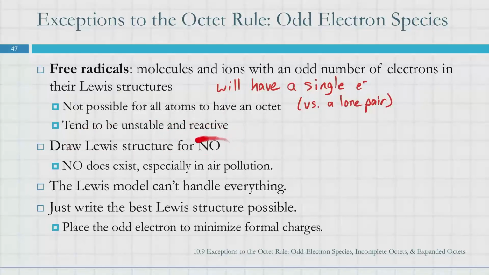So for example, NO: nitrogen 5 electrons, oxygen 6 electrons. They're bonded to each other. We would have 9 more electrons to place. 5, 6, 7, 8, 9. Like that.